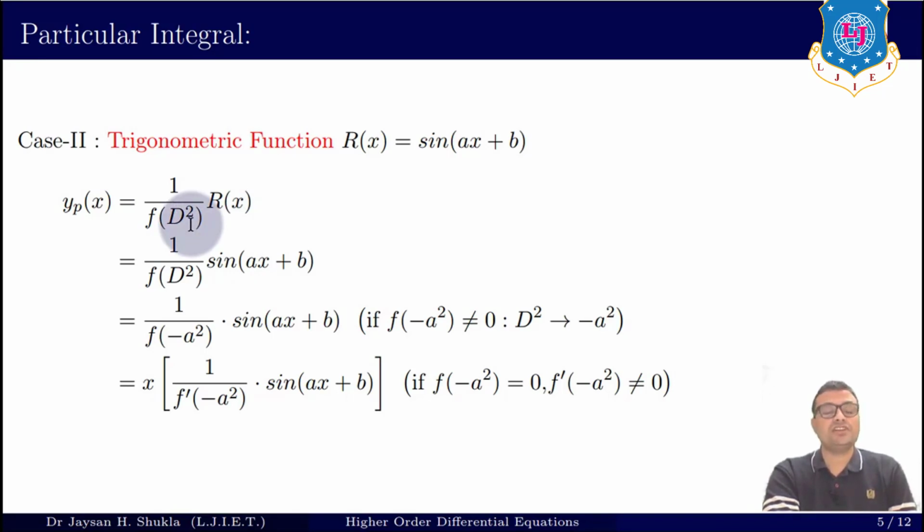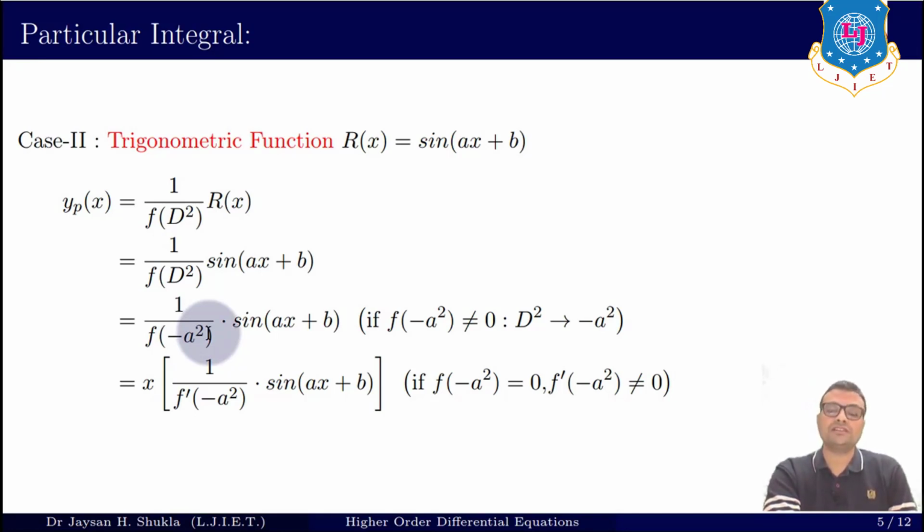You cannot change the values of D, you can only change the value of D square, or you can say the even powers of D. So if I have 1 upon f of D square times sine of ax plus b, then I can replace this D square by minus a square, with condition that this f of minus a square is not equal to 0.